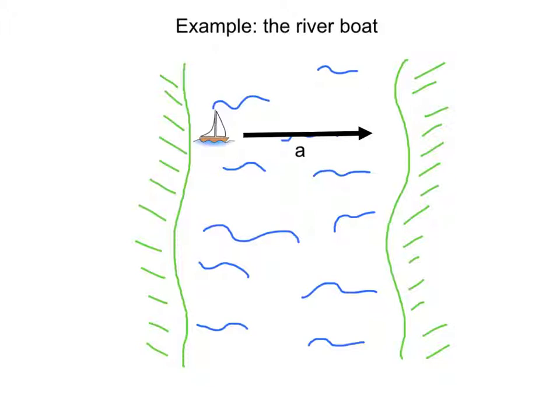So the movement of the boat, we'll call that vector A, and we'll say it moves at 10 miles per hour. But even though the boat has set a course going across the river, the current is moving downstream, and we've signified that here as vector B. And we could say the current is moving at 5 miles per hour.